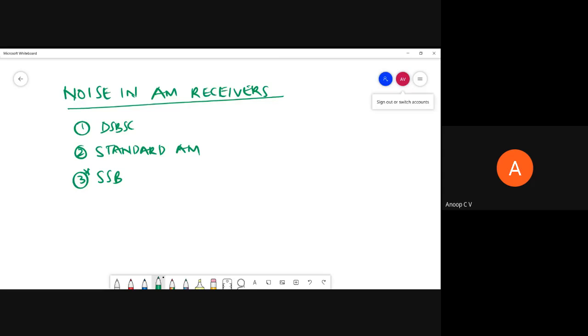From today's session, we will be discussing noise in AM receivers. Initially, we study noise in AM receivers, and then noise in FM receivers. Even though we have studied standard AM, DSBSC, and SSB, initially we'll consider the DSBSC receiver to analyze the noise, because that is the simplest of all the cases.